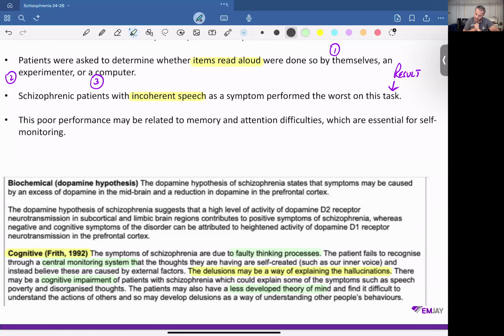So the patients may also have a less developed theory of mind and find it difficult to understand the actions of others, and so may develop delusions as a way of understanding other people's behavior.